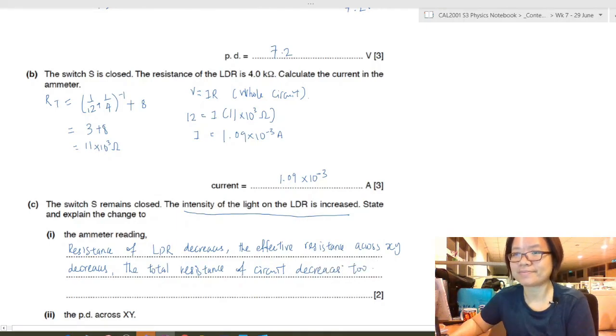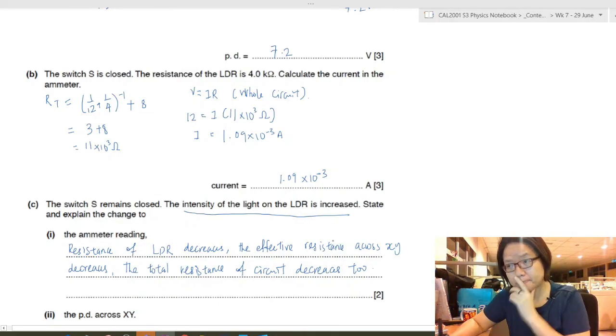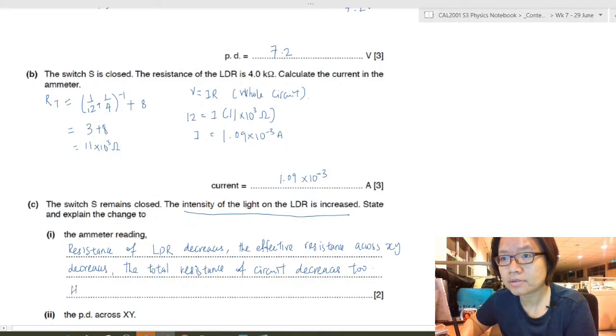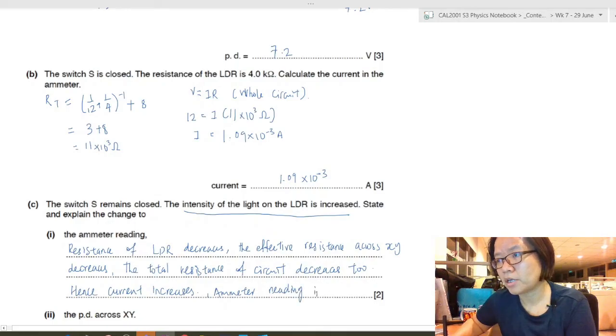So if everybody decreases, what will happen? Hence, current increases, and if current increases, the ammeter reading increases.